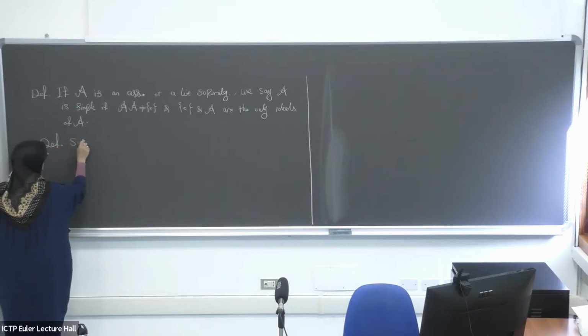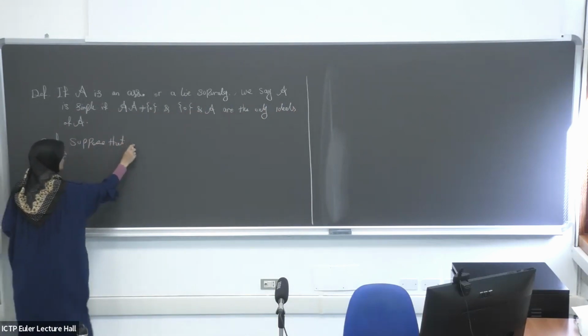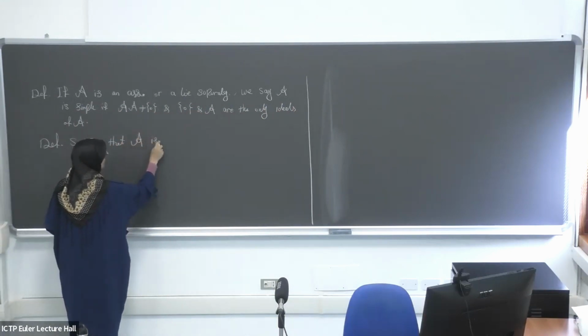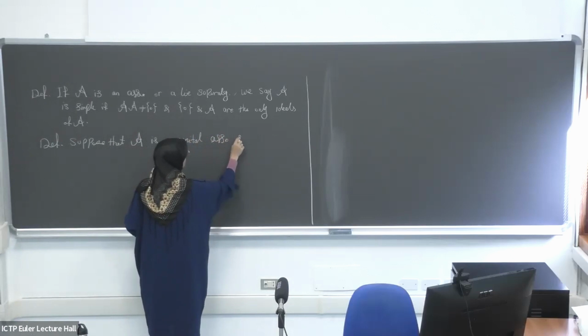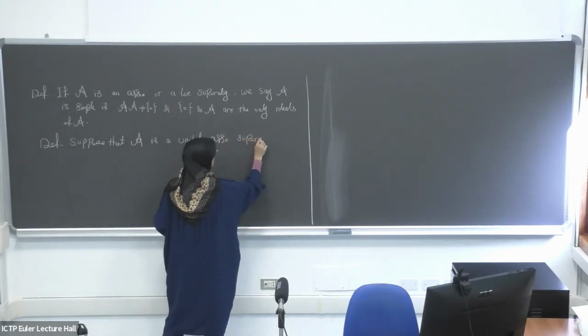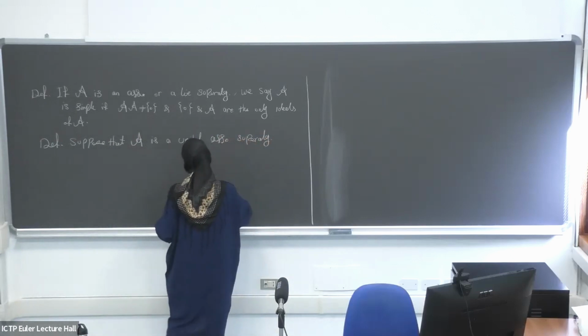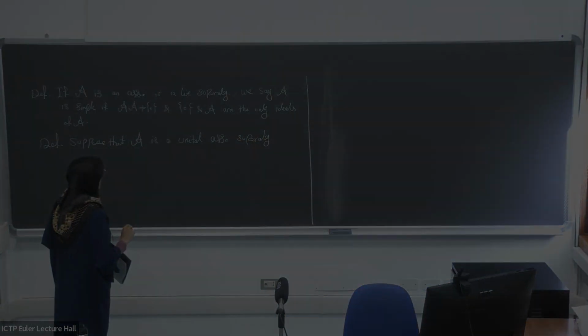Our next definition. Suppose that A is a unital associative superalgebra and V, with V0 as the even part and V1 as the odd part, is a superspace. We know that End(V0, V1) is a unital associative superalgebra.